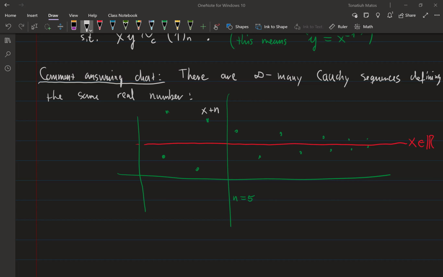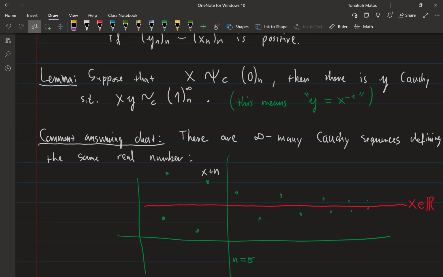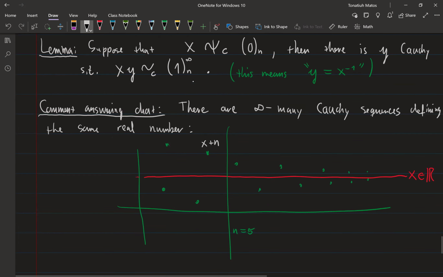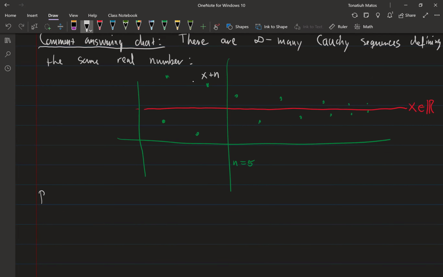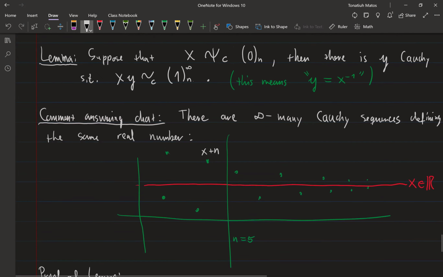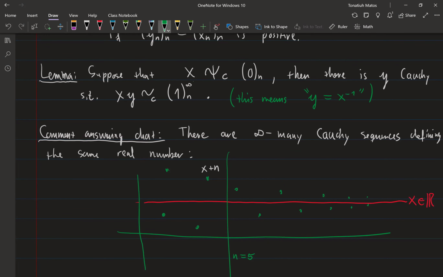Okay, so in the last few minutes, let's maybe try proving this rather difficult lemma right here. So, proof of lemma. And by the way, let me add this as a comment because I didn't write it down.